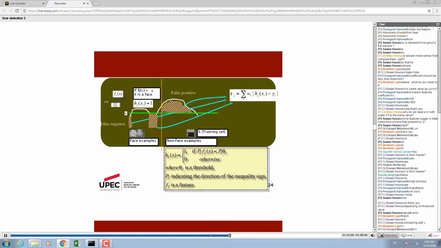And the white line on the right side of this yellow line should be all above green. Then it is a 100% perfect weak classifier. But in reality, we don't have that kind of graph. So this is the example.